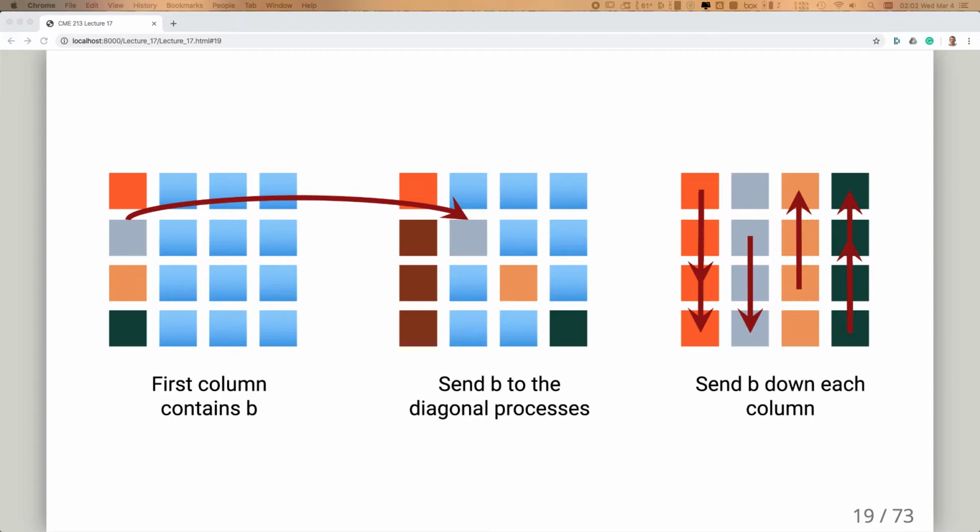So processes means threads? No, it's an MPI process, not a thread. Remember that in MPI, the way it works, it can be done in different ways, but essentially you start independent processes or independent programs.